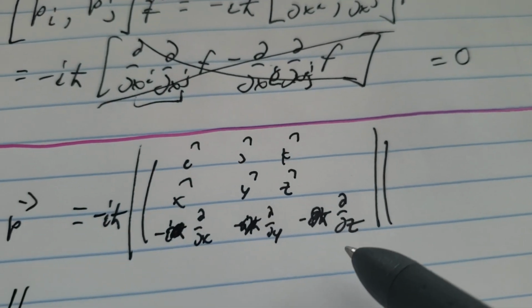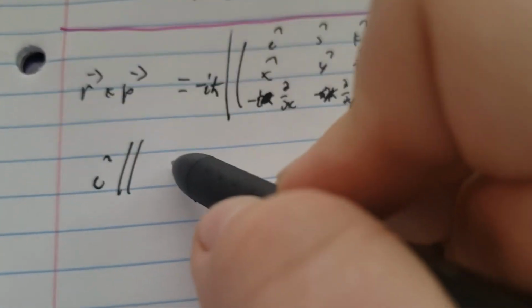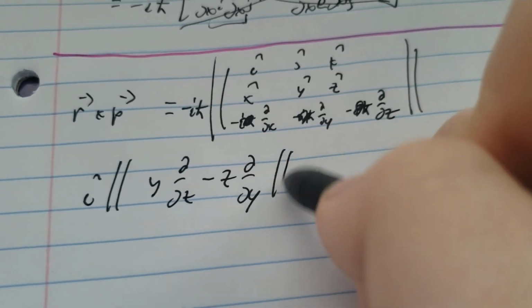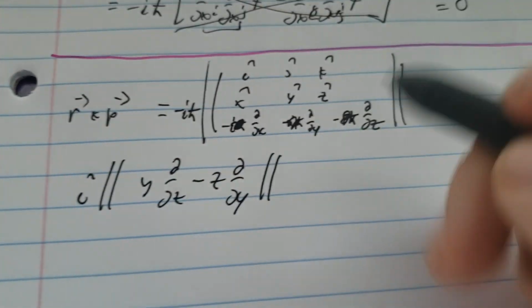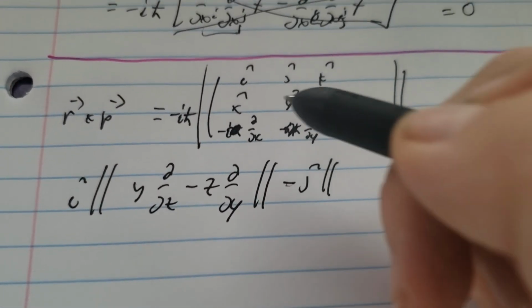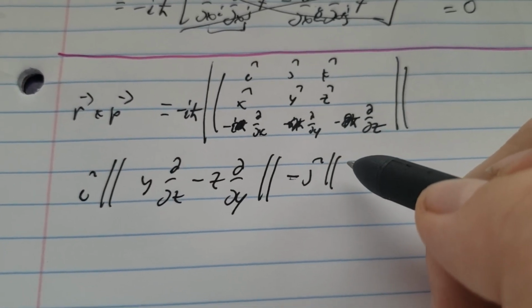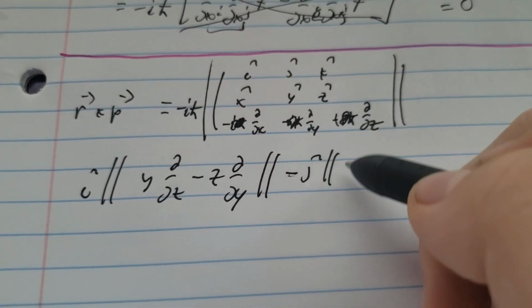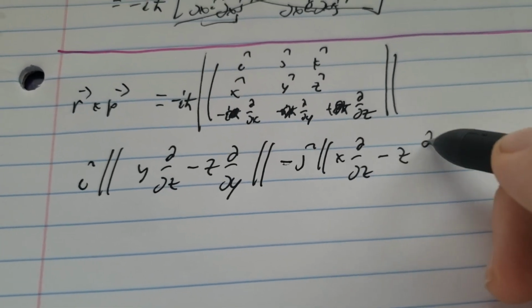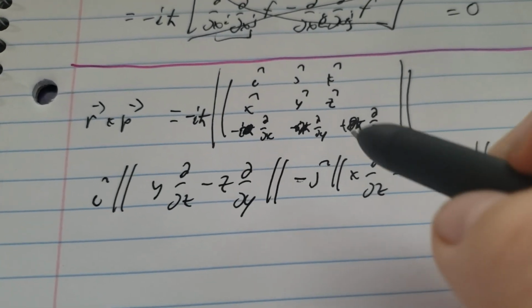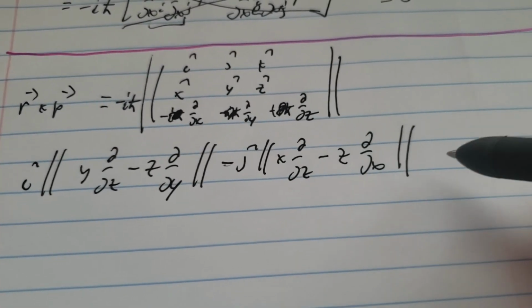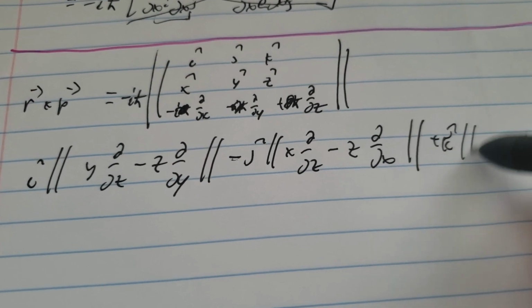So that's going to be y for the i hat. And then we'll multiply negative i h bar at the end. j hat. And k hat.